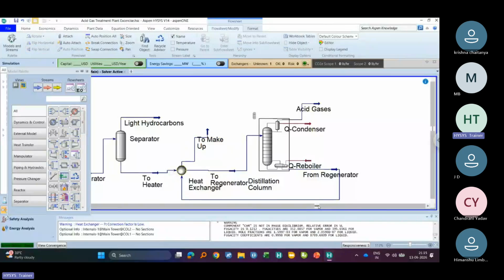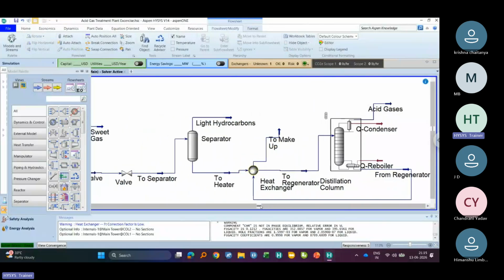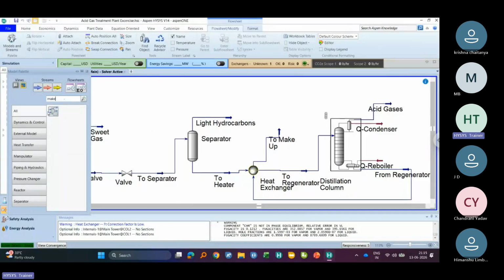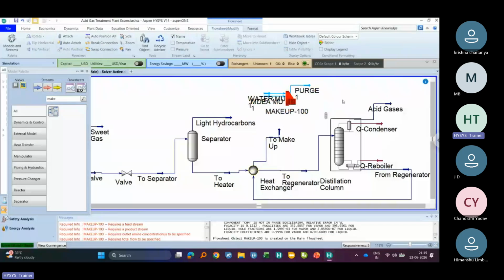Now the next thing that I'm going to do is add a makeup block. I will just type makeup over here, or I will just type make. You will see that this makeup block appears over here. I will change its rotation and flip it horizontally.